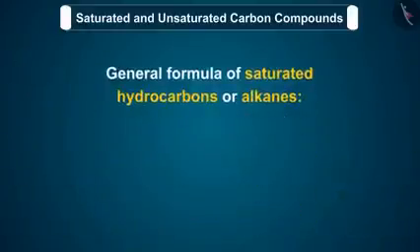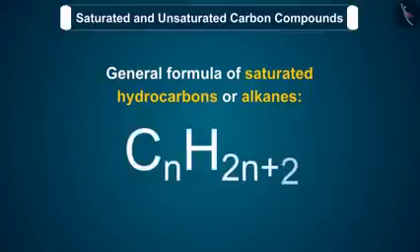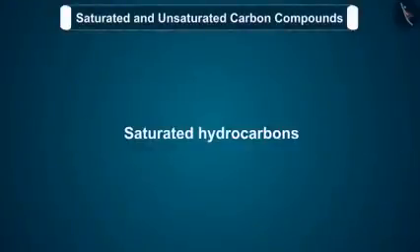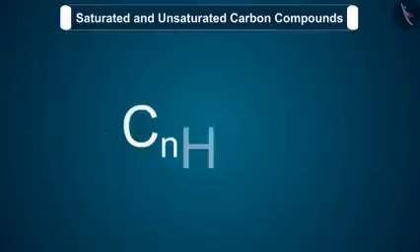The general formula of saturated hydrocarbons or alkanes is CnH2n+2, where n is the number of carbon atoms. Let's discuss saturated hydrocarbons with the help of examples. 1.